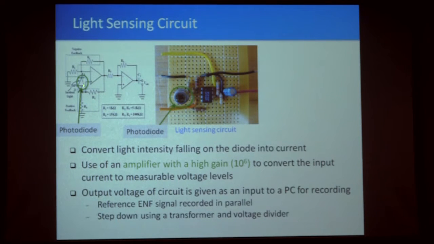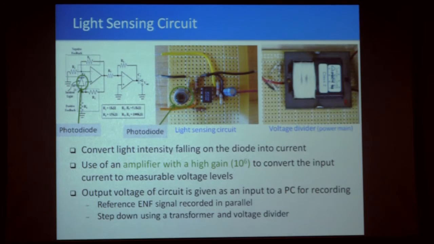It is very sensitive: even small changes in the light intensity are reflected in changes in the current, and then we have two levels of amplifiers to amplify into detectable ranges, and we feed it into our computer to sample and digitize.